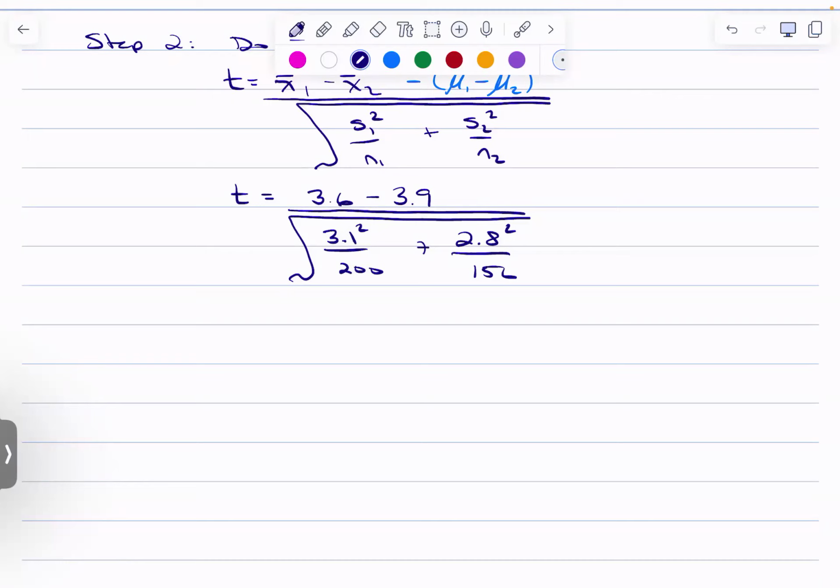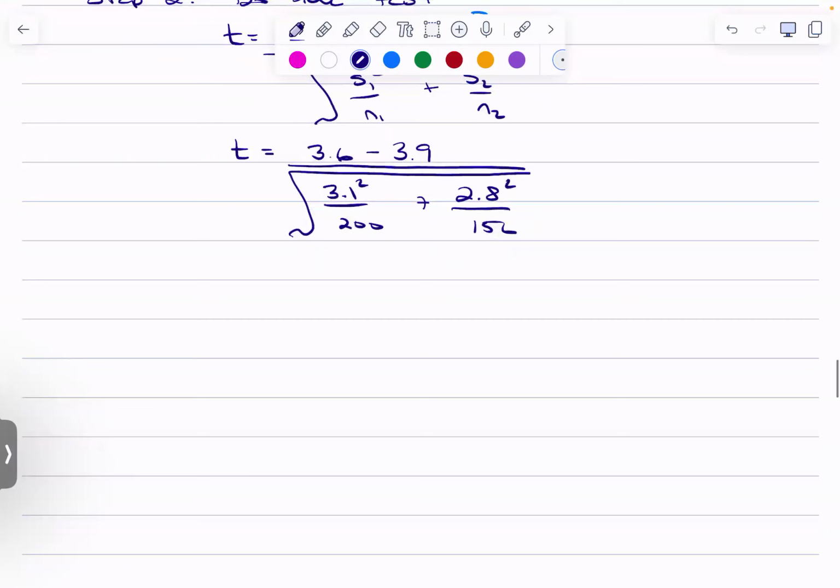And then 2.8 squared divided by 156 plus recalling. Just so you can check in, you should get, and then the square root of that in the denominator, because that's where I started, 0.313538537.